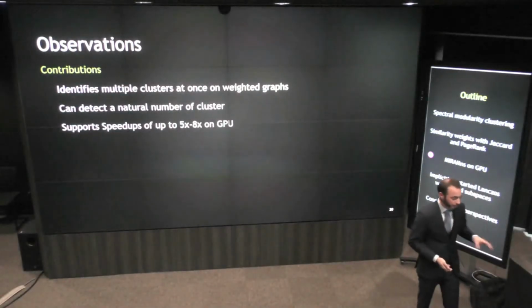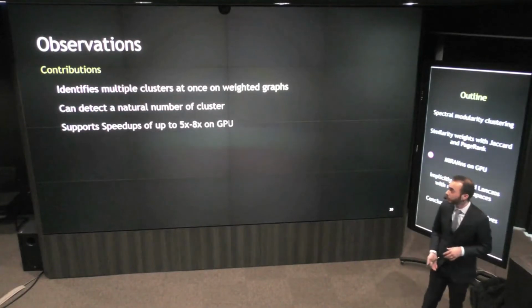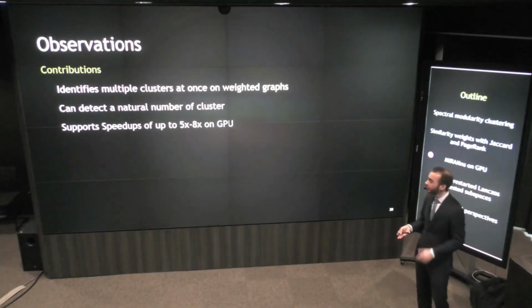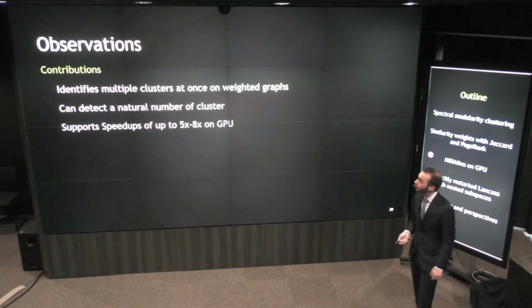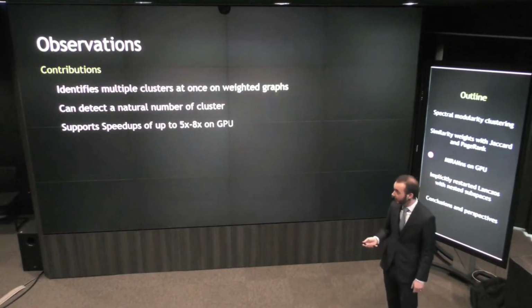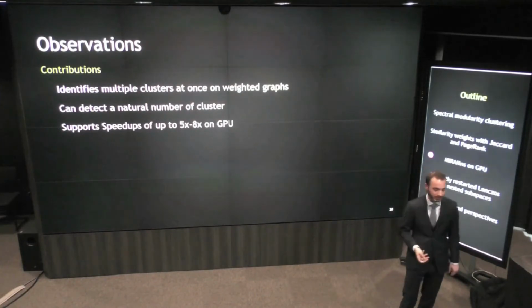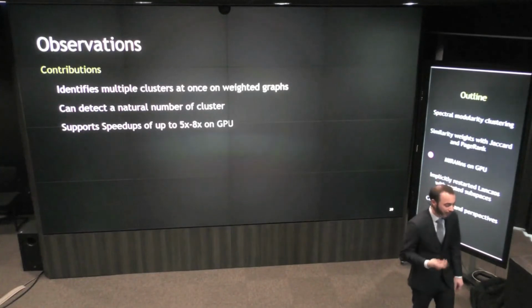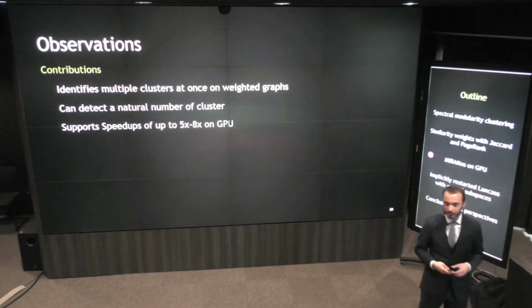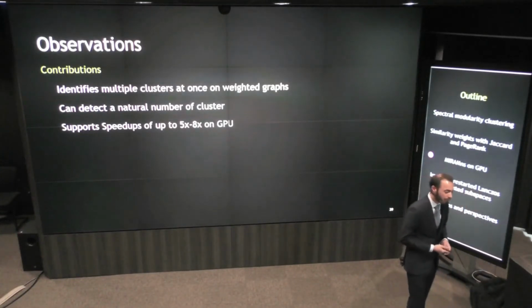That's the observation about this work and a quick summary of the contribution. So modularity maximization was an existing technique that we improved by identifying multiple clusters at once and also supporting weighted graphs, so not only the sparsity pattern but also existing weight in the graph.